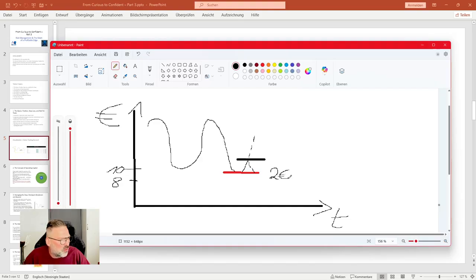You're risking 2. Now, if your account size is 100 euros, and your stop loss is 2, you're risking 2% here.